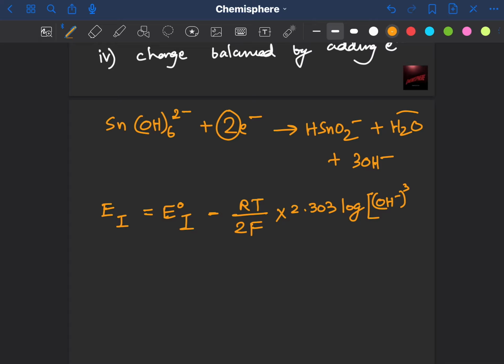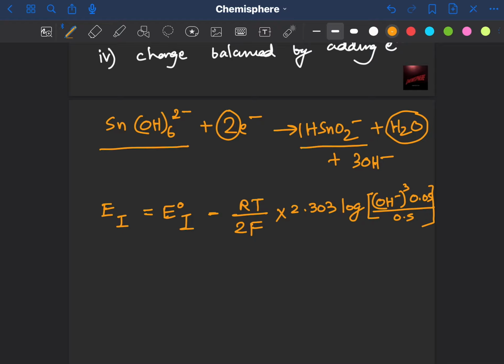I am not writing the concentration of water because we assume that it remains constant, and HSnO2 minus, the concentration is given to us as 0.05 to the power 1 because the stoichiometric coefficient is 1, divided by SnOH6 2 minus, concentration is given to us, it's 0.5 to the power 1, right?